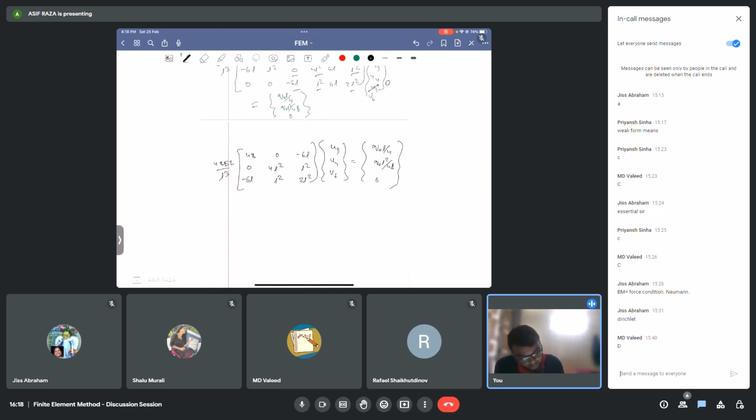So now solving this equation, we'll get u3, u4, u6 equal to q naught by EI times 13 L^4 by 6144 minus L^3 by 3072, and this is 5L^3 by 768.